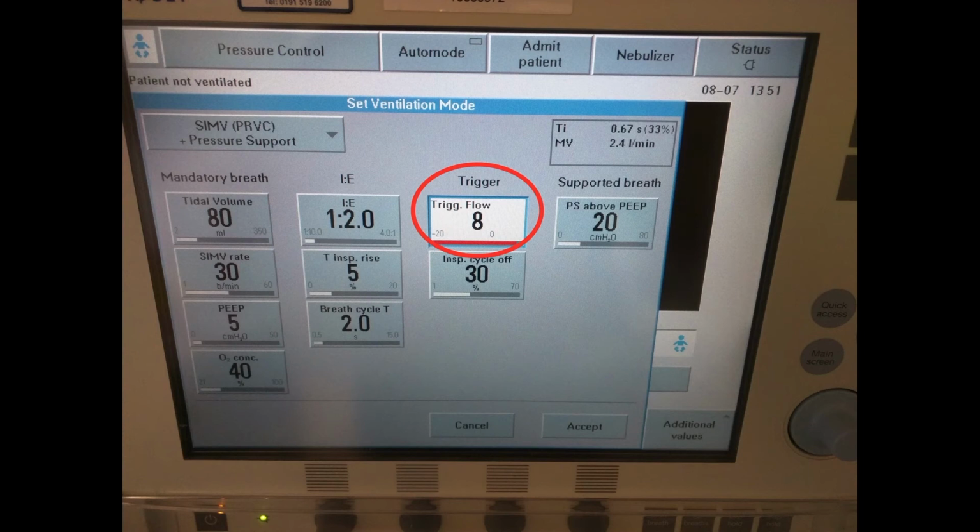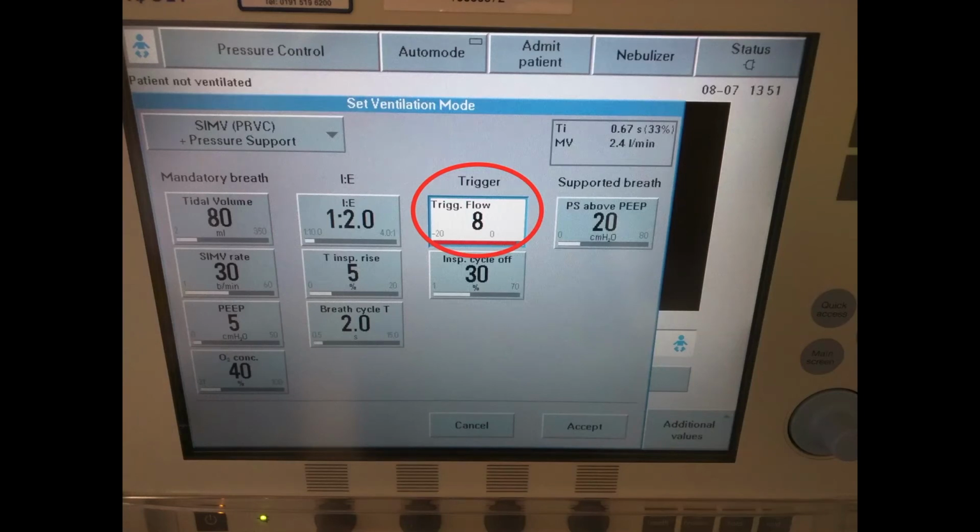And in this circumstance, you may want to reduce the sensitivity of the flow trigger by turning it down. The lowest you can turn this down to is 1. The problem with turning that down lower is it increases your risk of the patient trying to take a breath and the ventilator not recognising it. So it's important you have the trigger set right.